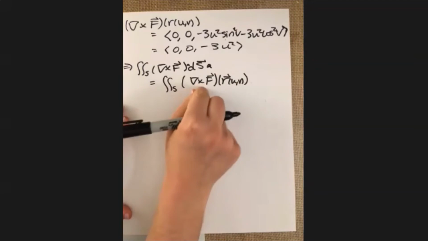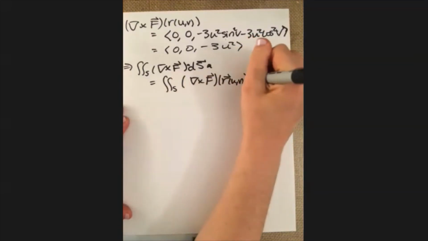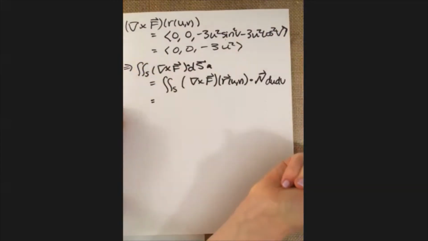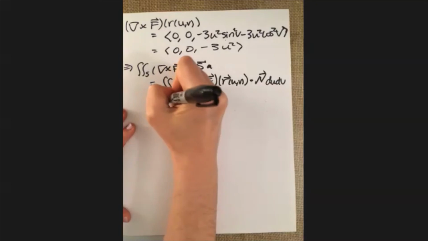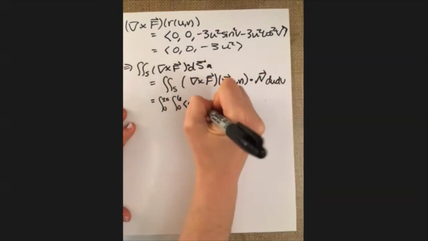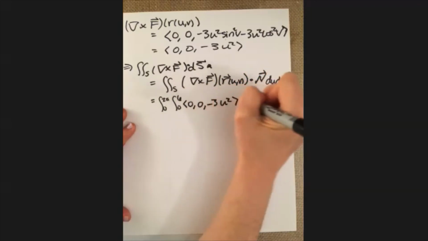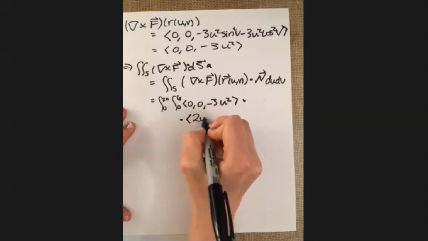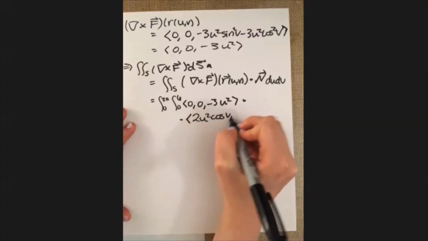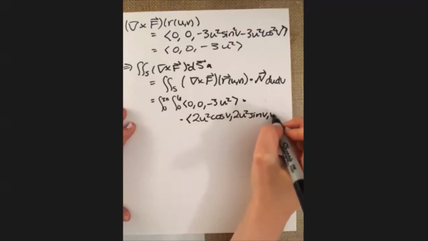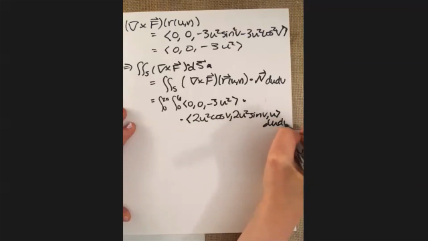This is just me denoting that it's getting plugged into this vector here, dotted with n du dv, is equal to the integral from 0 to 2 pi, integral from 0 to 6, and then we have 0, 0, negative 3u squared, and then dotted with our normal vector, which we determined to be 2u squared cosine v, 2u squared sine of v, and then u. And then you have du dv.